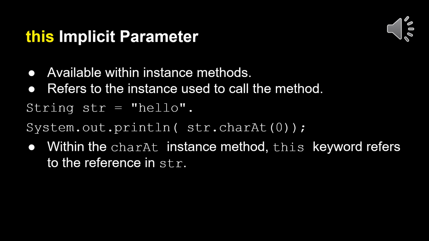We can think of it as a variable, but we don't have access to change it, that refers to the reference in str. So within every instance method, every non-static method, we have access to this, which refers to the same reference that's necessary when we call the instance method.